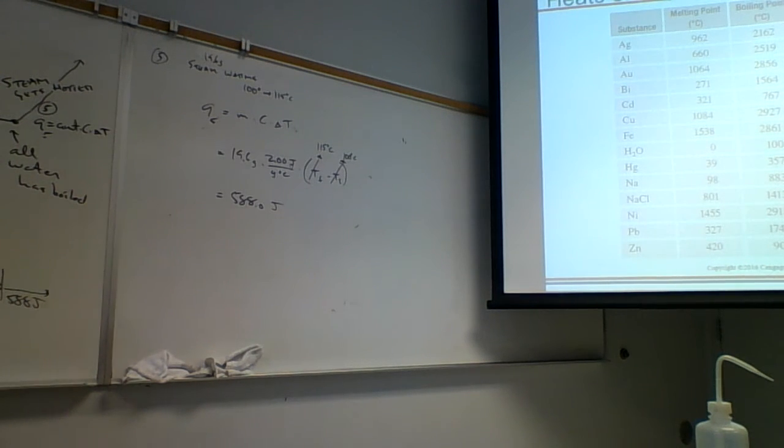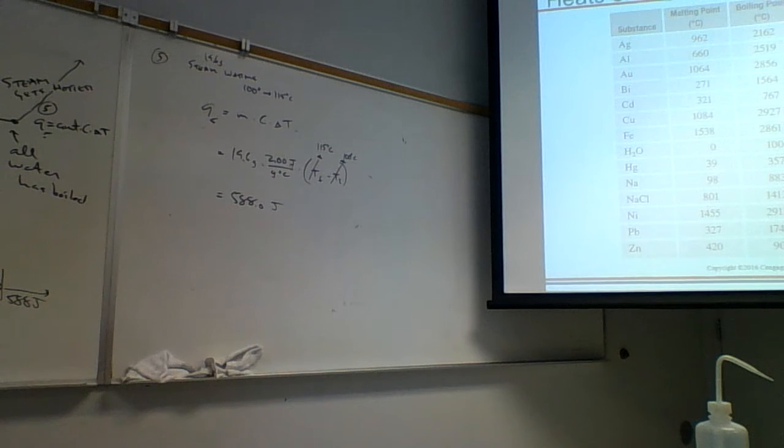And so what we need to do is total up the energy here. I'm going to take 588 plus the 44,296 plus the 8,192.8 plus the 6,526.8 plus the 484.5.